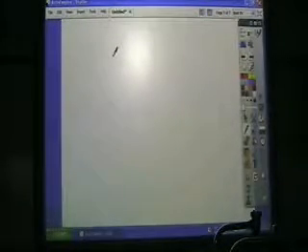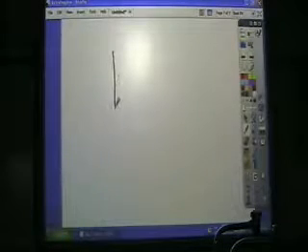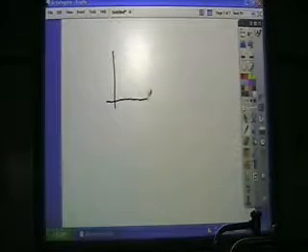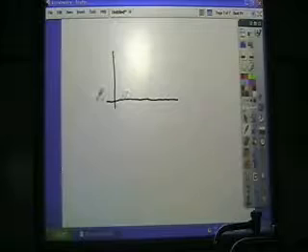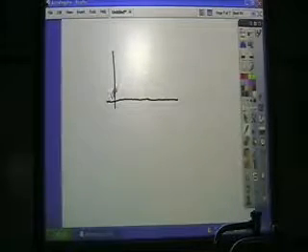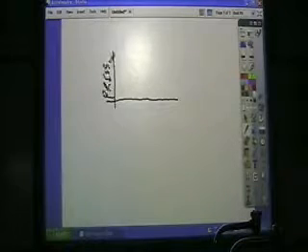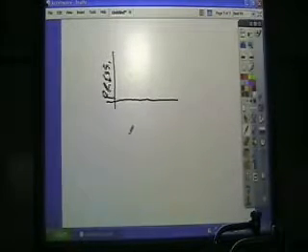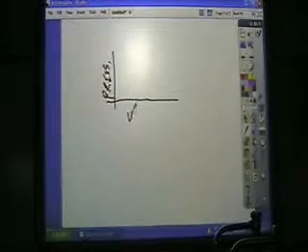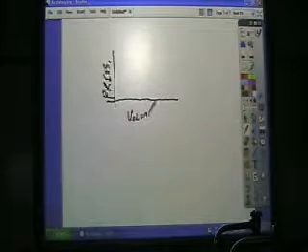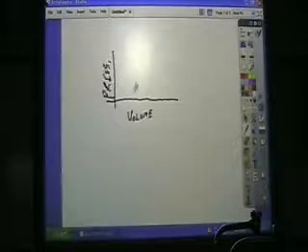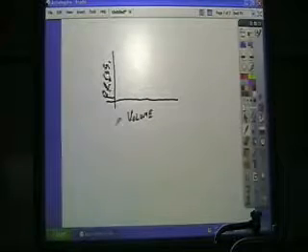Alright, so if we've got a graph of pressure versus volume, now remember, it has to be like this in order for us to solve things properly. Because pressure times volume is going to give you work.